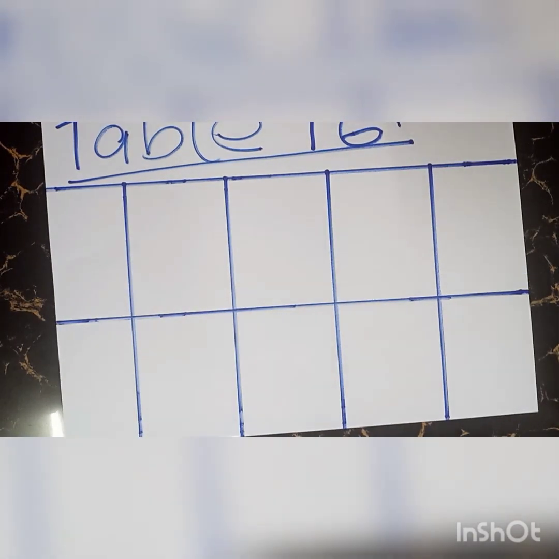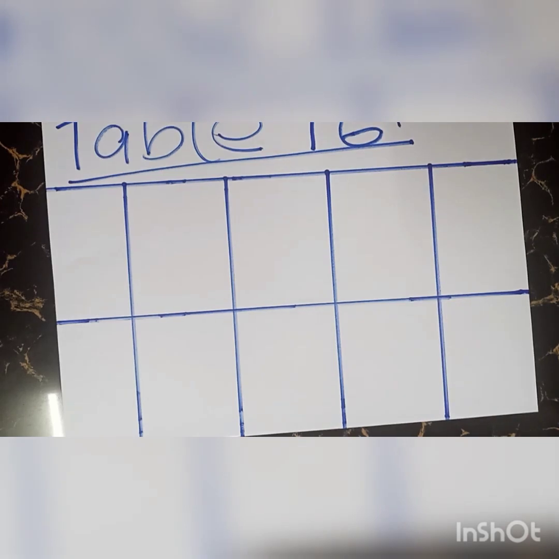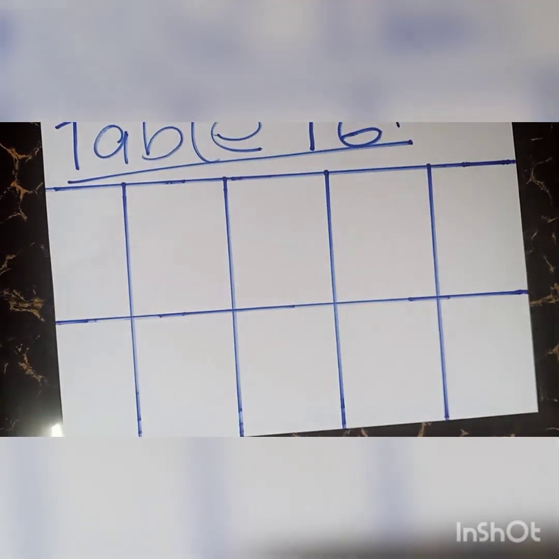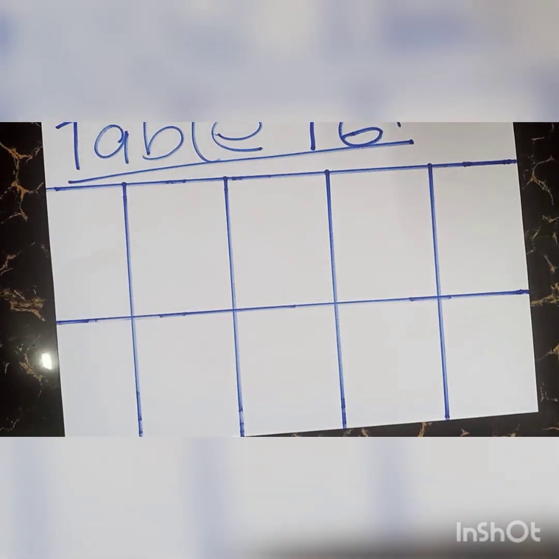For the numbers in the tens place, we'll start by writing all the numbers from 1 to 16 in ascending order. Side note, if you don't understand what the tens place is, I'll leave the link to the place value of whole numbers in the description box below so that you're all on the same page.